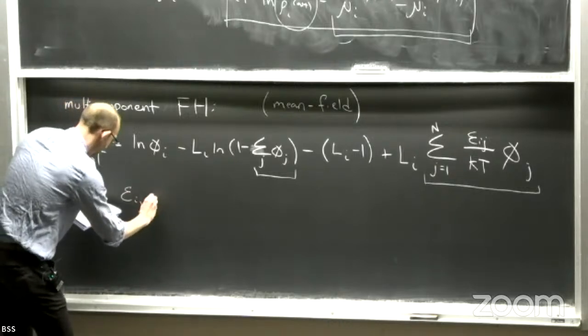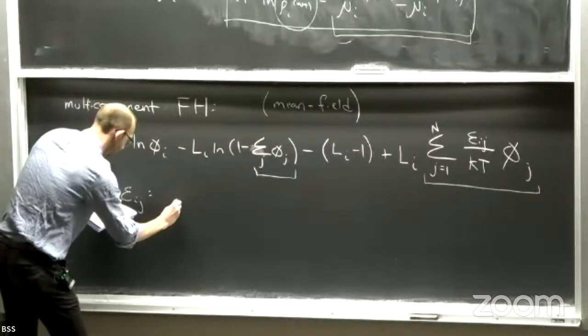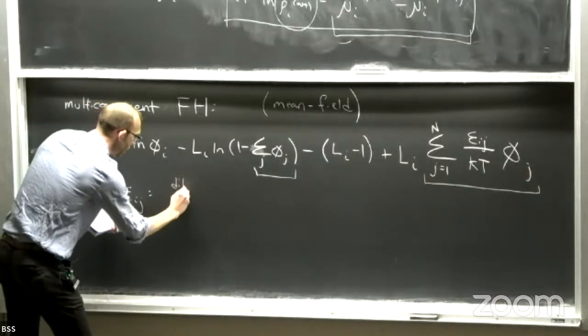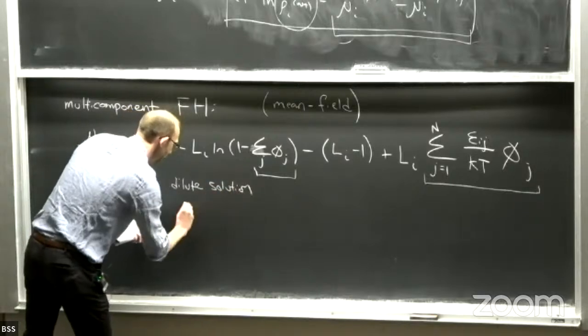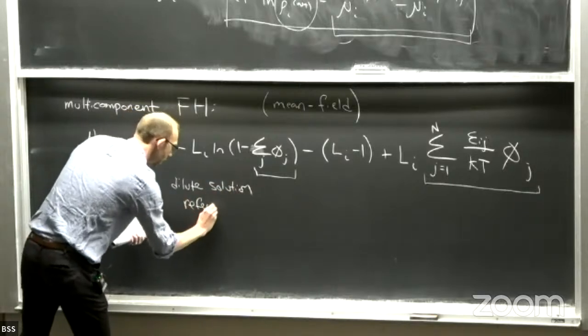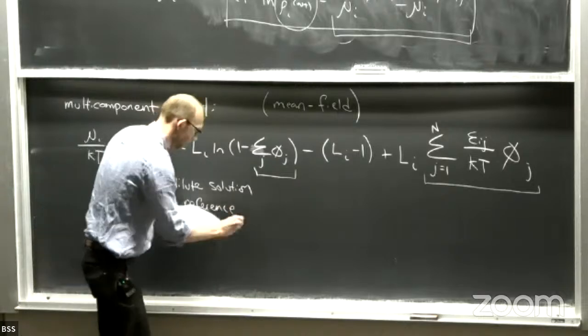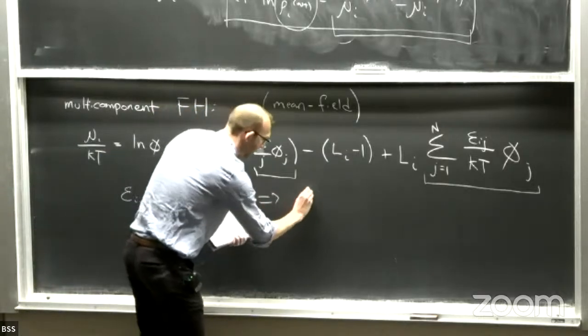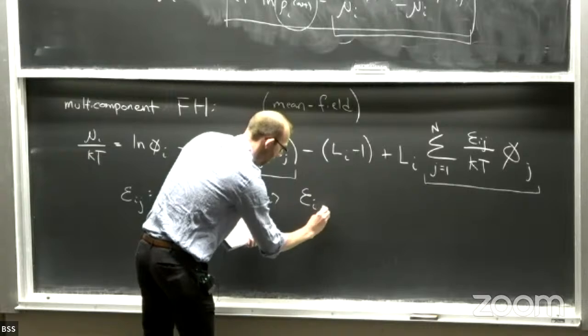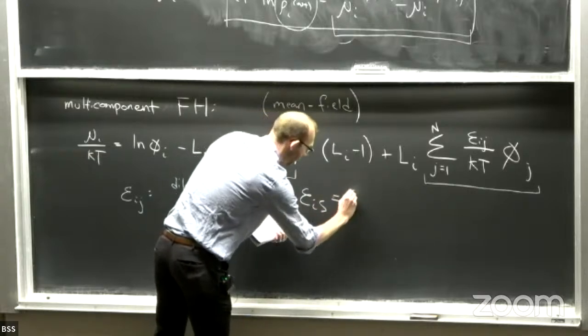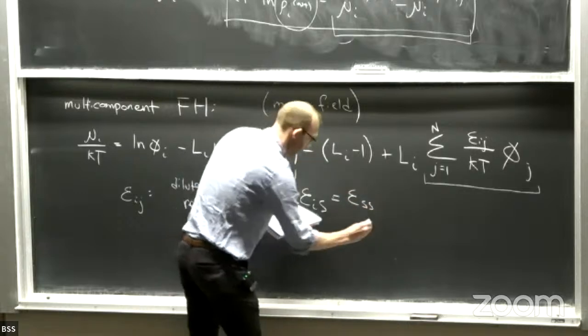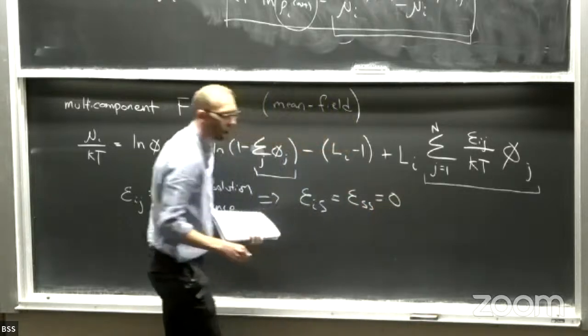Here, we're using the dilute solution as a reference state. Which just simply means that the interaction of solvent with itself or a polymer with solvent is taken to be zero by definition, right?